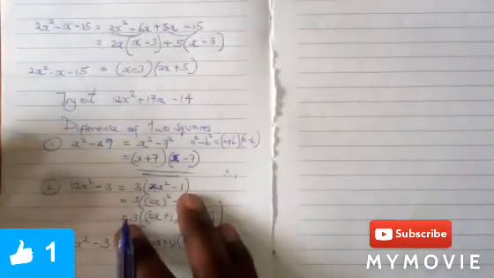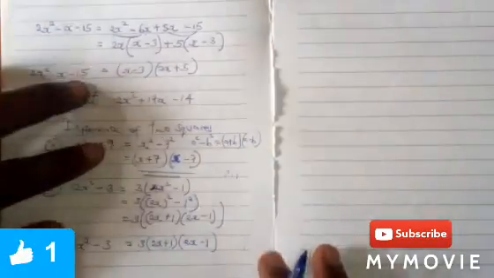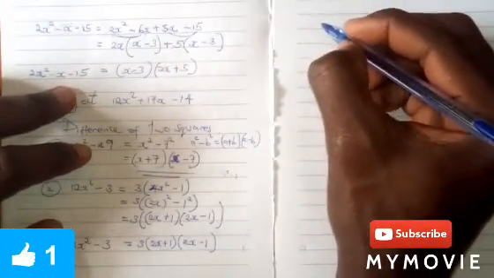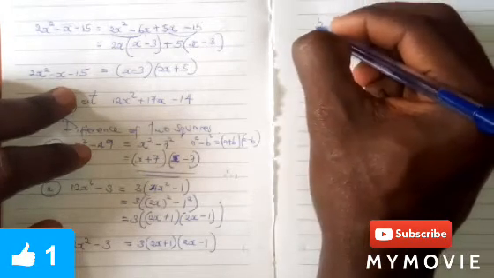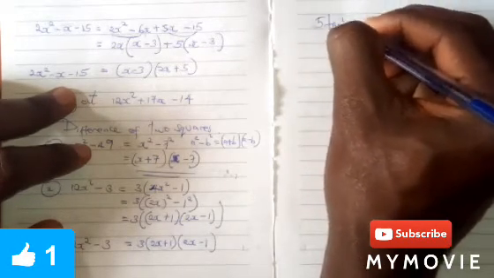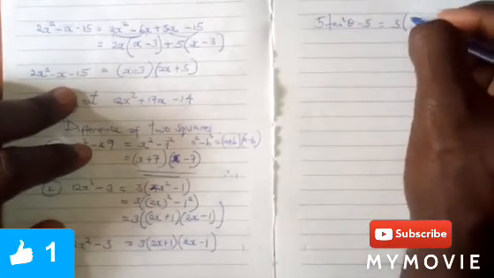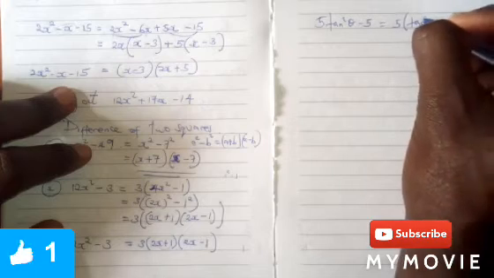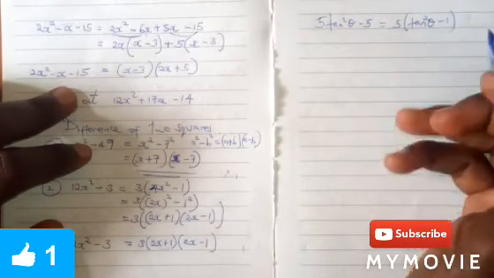So let's go to the next one, still under difference of two squares. Let's say 5 tan squared theta minus 5. We're going to have here a 5 tan squared theta minus 5. You realize that 5 is a common factor in there, so you remain with that expression.